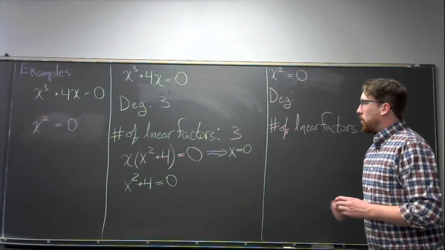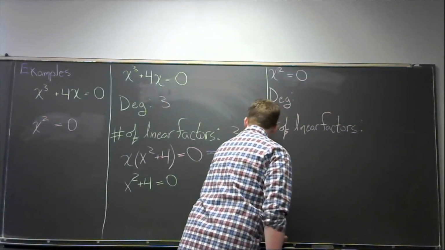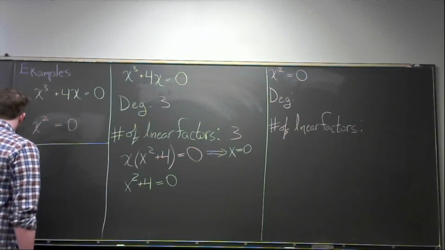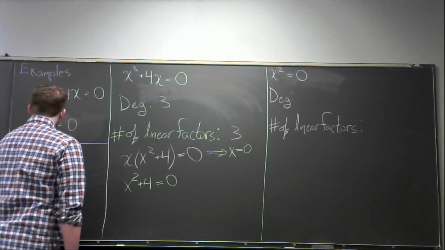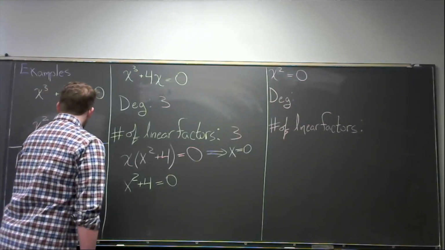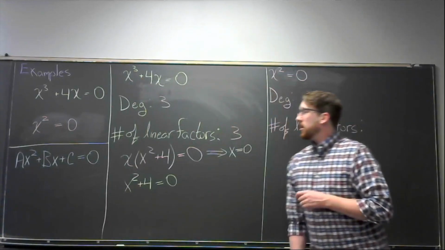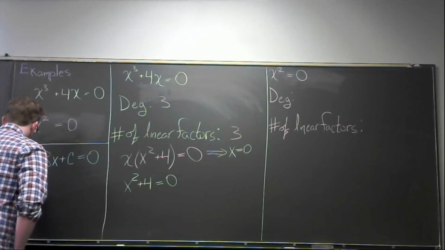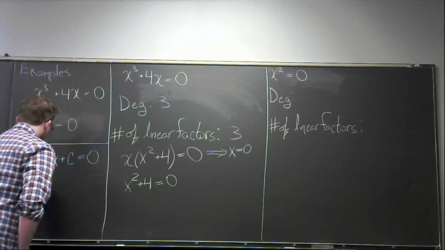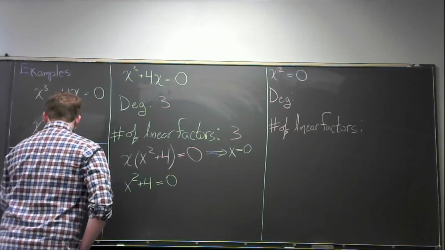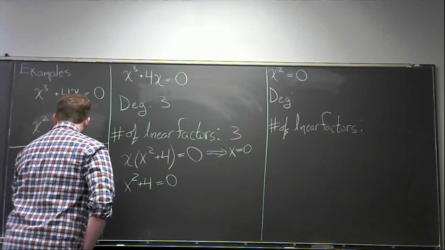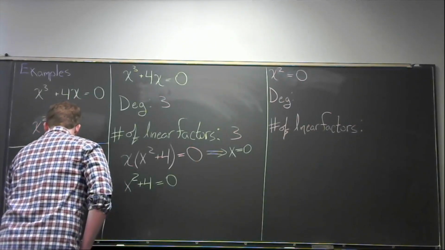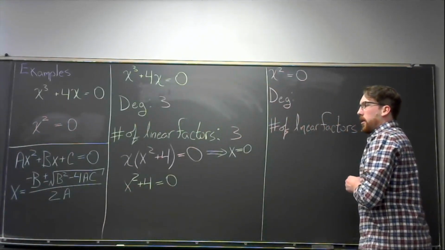The quadratic formula says that the solution to ax squared plus bx plus c equal to 0 is x equal to negative b plus or minus the square root of b squared minus 4ac, all divided by 2a. That's the quadratic formula, right?